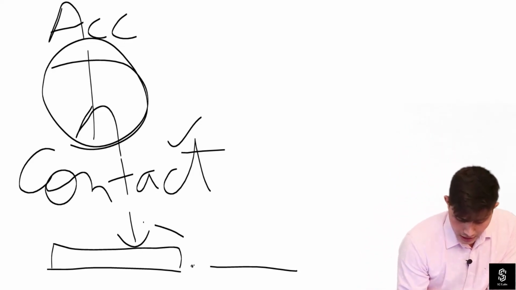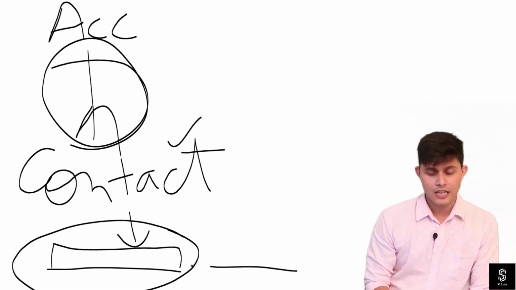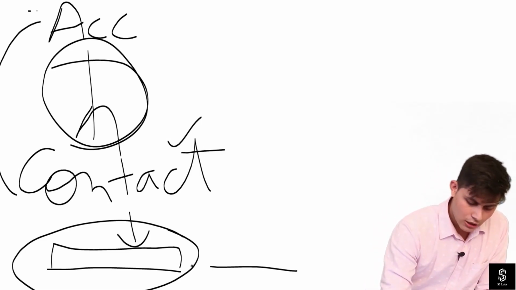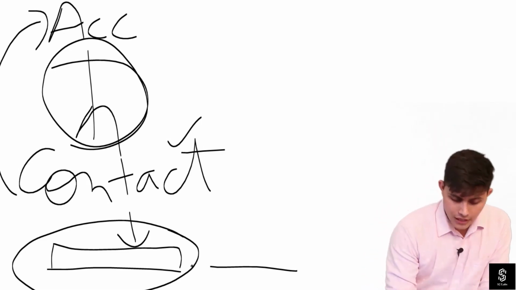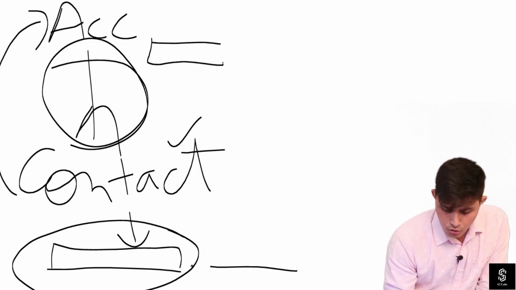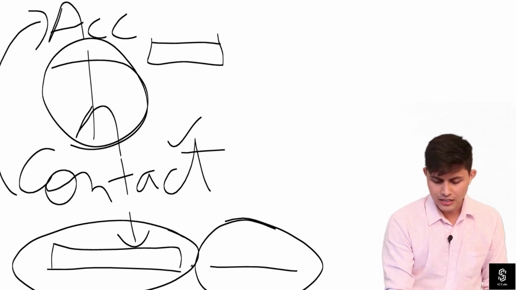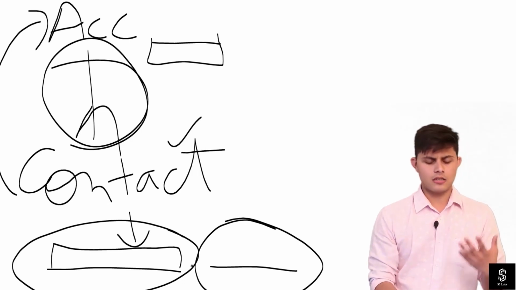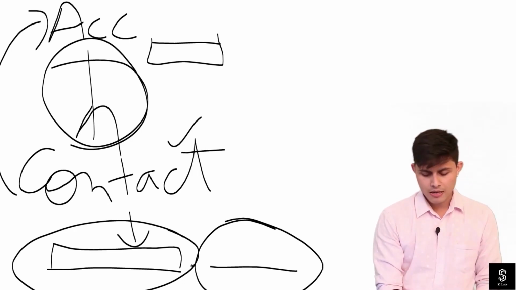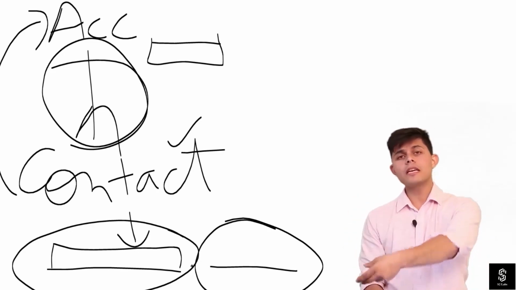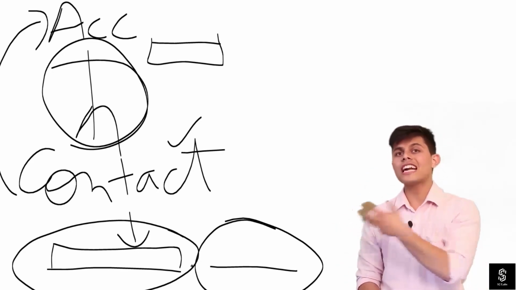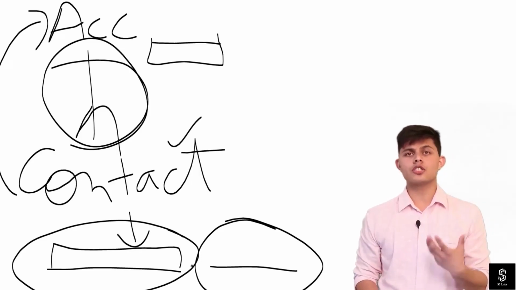So when we write this relationship field name, we traverse from contact to account just like this, and in account we have a particular field whose value we want to fetch. So we write that field's API name over here, and we'll be able to fetch that value with the help of this child to parent relationship query.